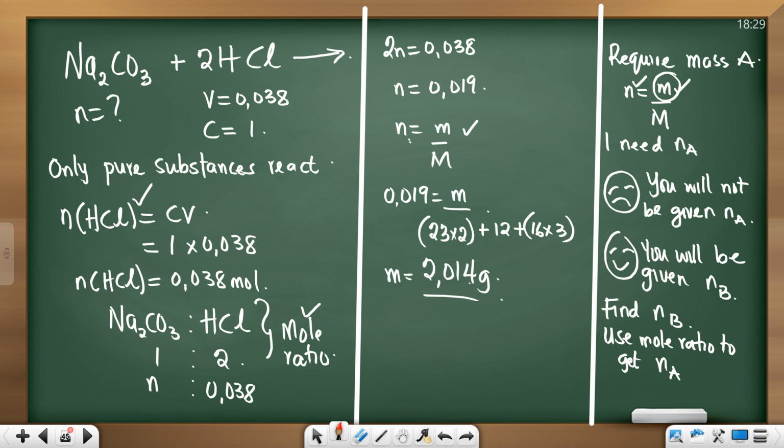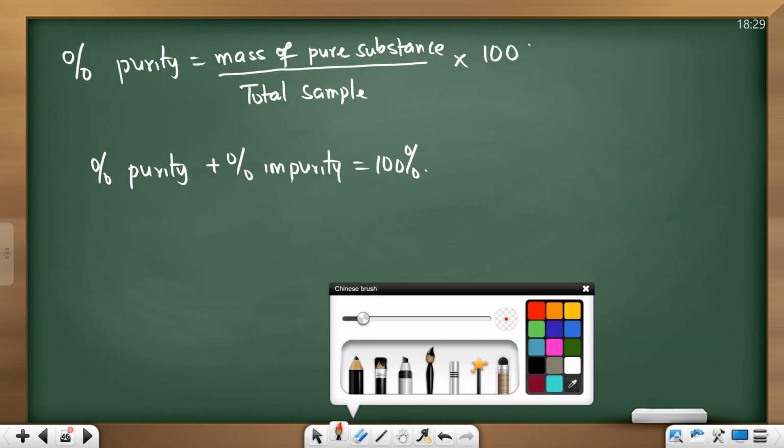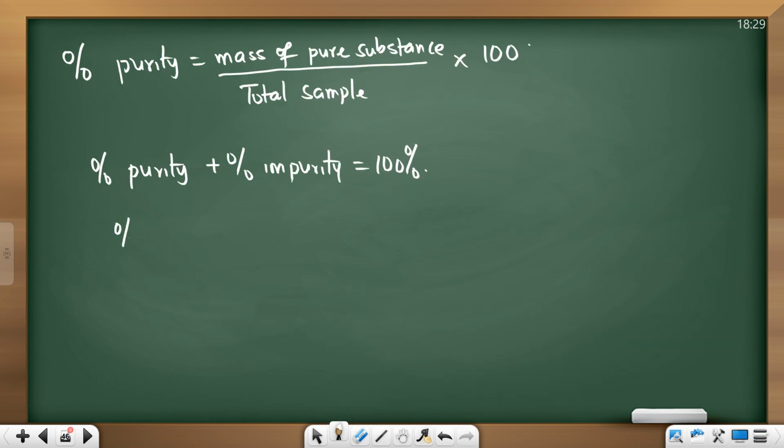So only 2,014 is pure out of 3. So what is my percentage purity therefore? 2,014 over 3 multiplied by what? 100. And this will have been about 70% or 68%. You can check. But 67%.